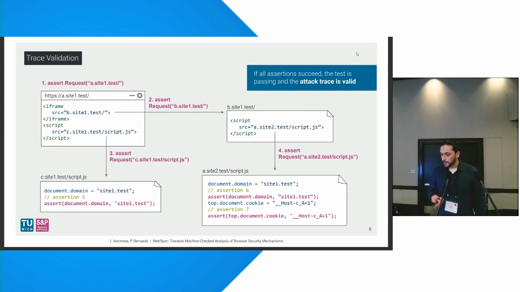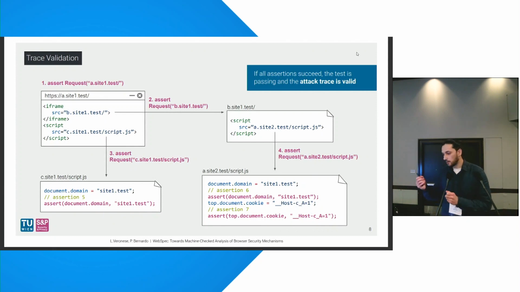In this example, our test includes the top-level loads in the top-level page, a page that includes an iframe and a script. The browser implicitly loads these resources, and we assert that these requests are made successfully. Then the two scripts will perform a domain relaxation.